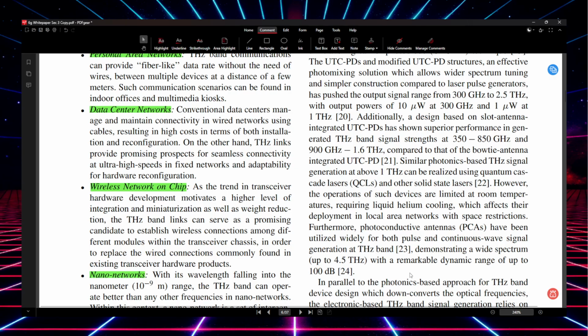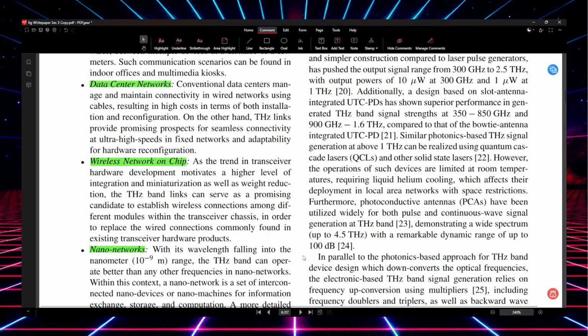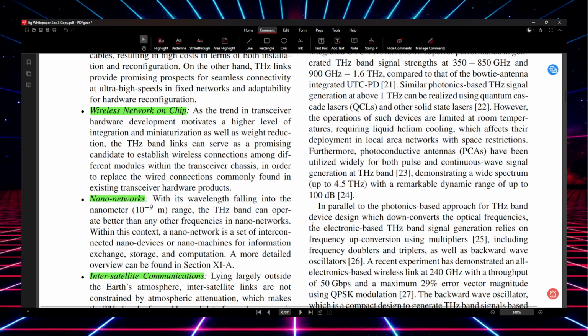Furthermore, photoconductive antennas, PCAs, have been utilized widely for both pulse and continuous wave signal generation at terahertz band, demonstrating a wide spectrum up to 4.5 terahertz with remarkable dynamic range of up to 100 dB. Maybe decibels, I'm not sure on that.